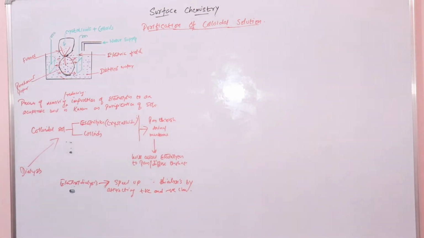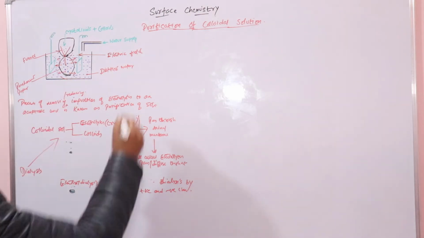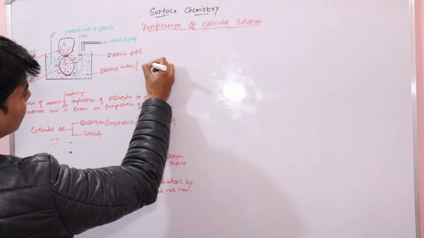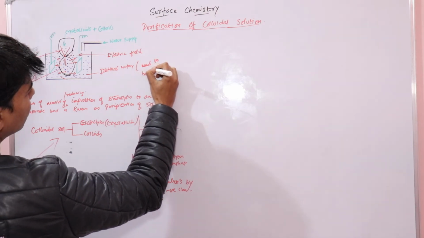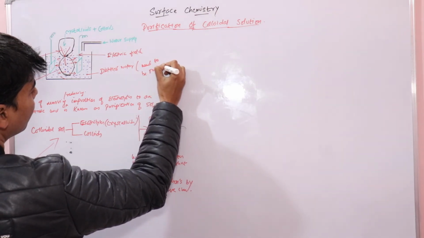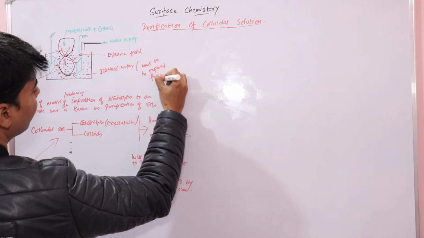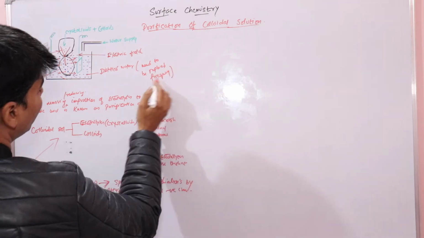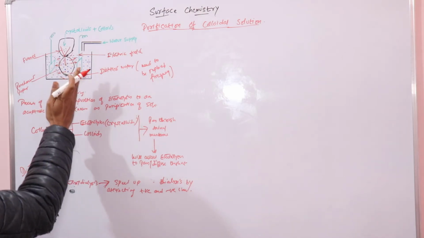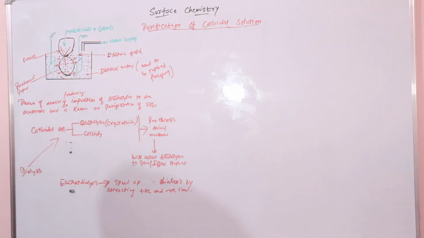This is how it will speed up the process. And this water needs to be replaced frequently. Why? Because these impurities have a tendency to go back into the animal membrane, thus making the solution impure again.